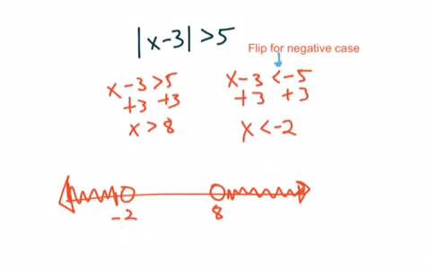Okay, so we see that we have an or problem because we're either going one way or we're going the other way. We can't go in opposite directions at the same time. And generalizing, whenever we have greater than or equal to with absolute value, it's always an or problem.